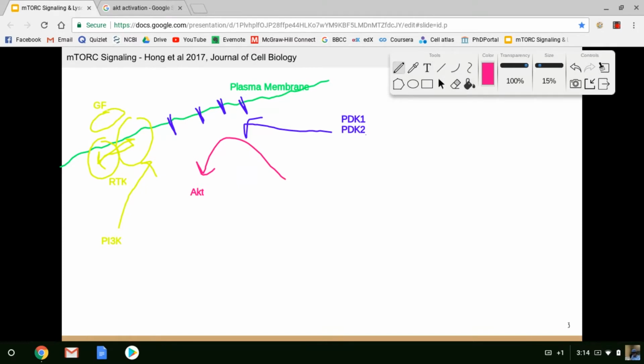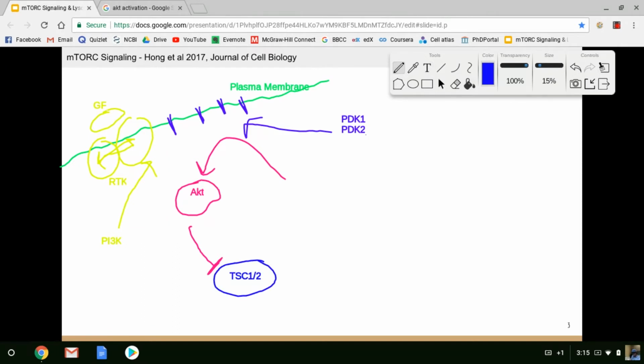So this causes the activation of our AKT, which is a really important growth signaling kinase that is downstream of RTKs. And when AKT is activated, it inhibits a protein via phosphorylation called TSC1/2.